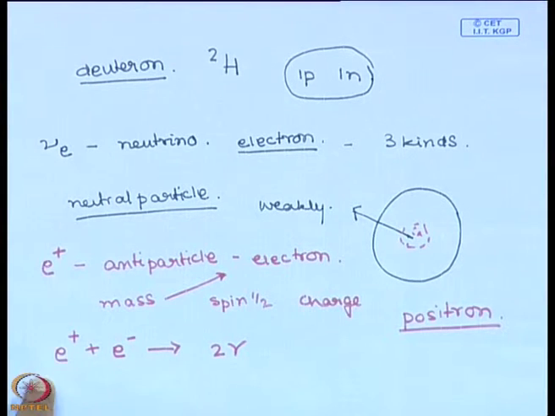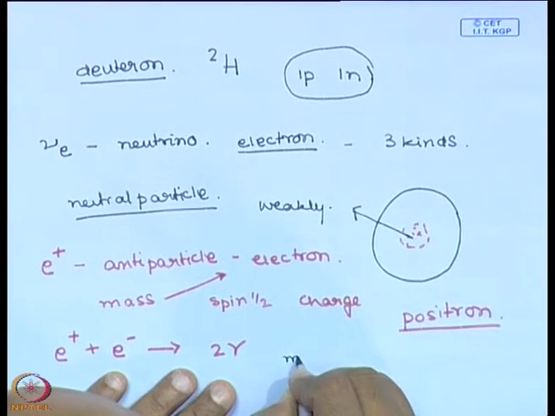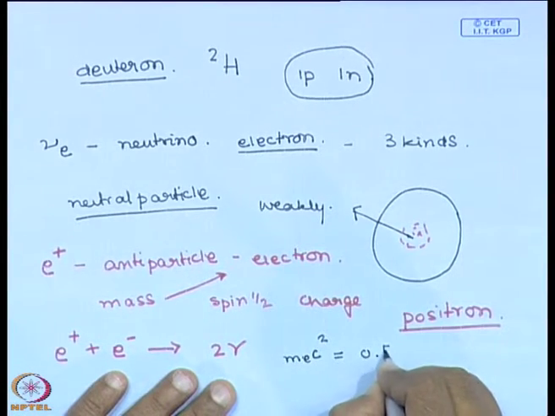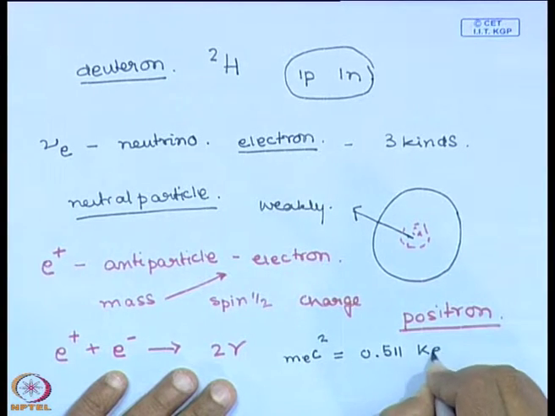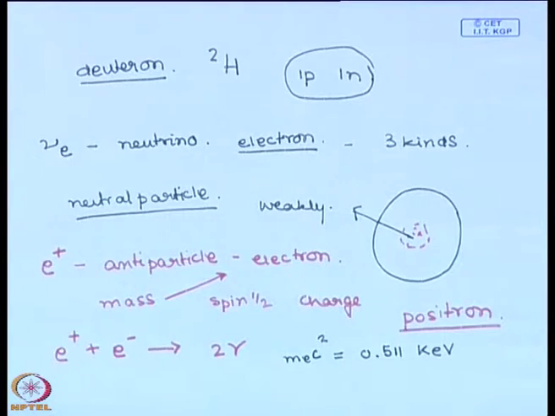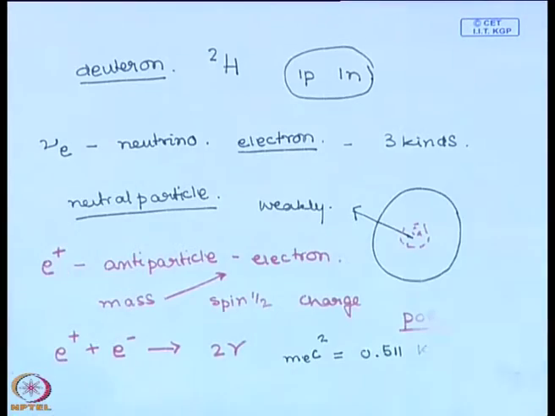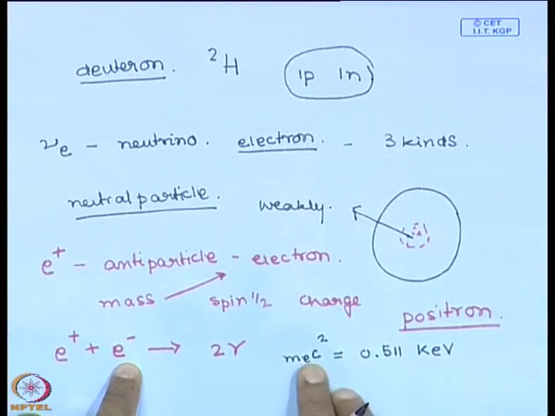Now, the rest mass of electron and positron, we know this number: m_e c square is 0.511 MeV. The kinetic energy of the typical electron inside is around 1 keV at 10 to the power 7 Kelvin. I have told you the temperature inside is around 10 to the power 7 Kelvin. So, the kinetic energy of the electron there is negligible compared to this.